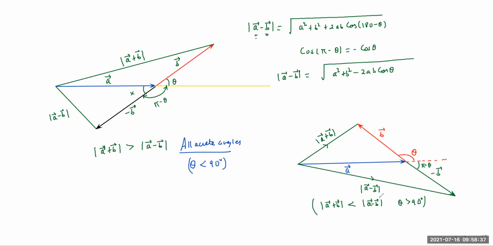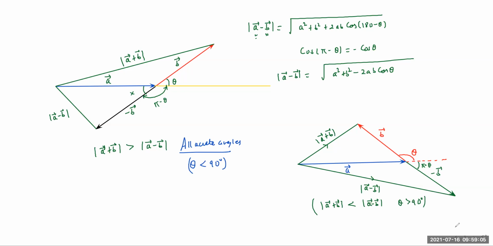Okay, so when A and B make a right angle, what do you realize? Same. Exactly. At a right angle, both turn out to be the same. Geometrically we can believe it, and you can also prove it mathematically. If you put theta equal to 90 degrees, both equations turn out to be the same because cos 90 is 0.